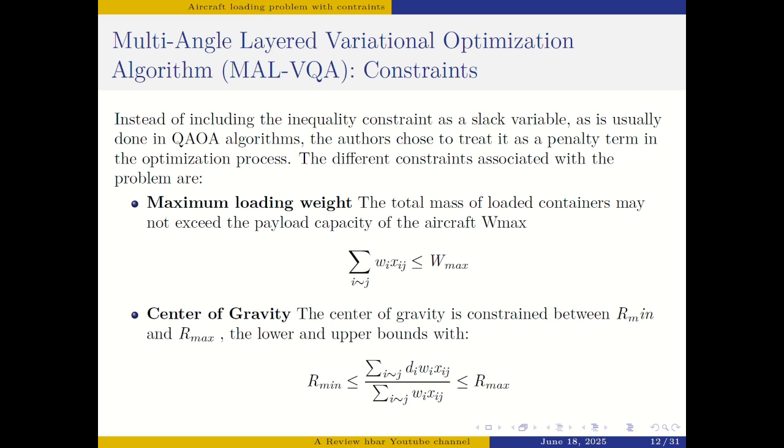So the constraints that a set X has to satisfy to be a valid solution are, first, the total mass of the loaded containers may not exceed the payload capacity of the aircraft, W max. This constraint is pretty intuitive. Another intuitive constraint is that the load should not displace the center of gravity of the plane too much.